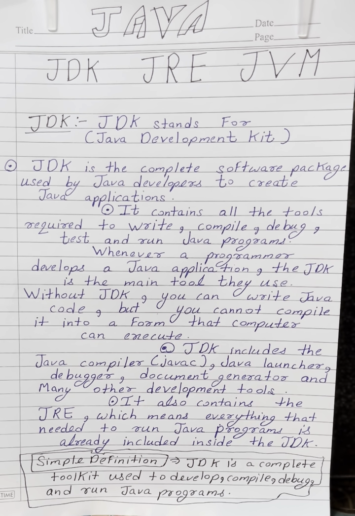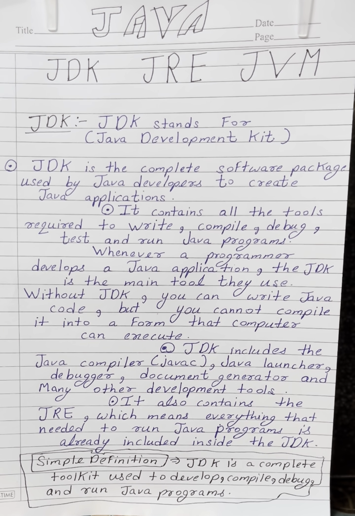So first is JDK. JDK stands for Java Development Kit, and it is the complete software package which is used by Java developers to create Java applications, and it contains all the tools required to write, compile, debug, test and run Java programs.